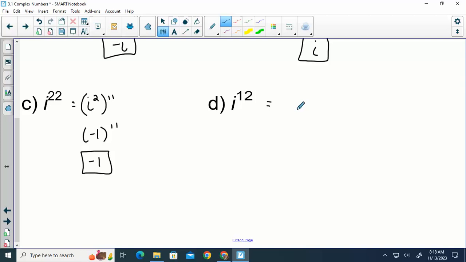Indeed. I to the 12th. So that would be i squared to the 6. 2 times 6 is 12, so no more. So negative 1 to the 6th is positive 1.